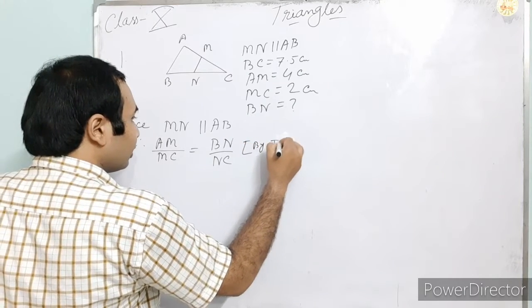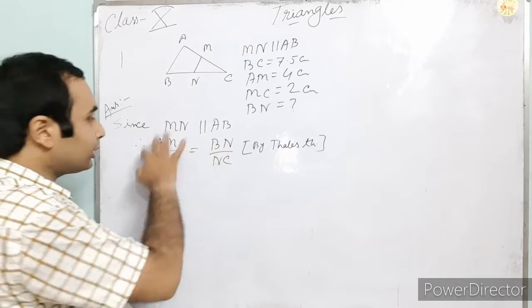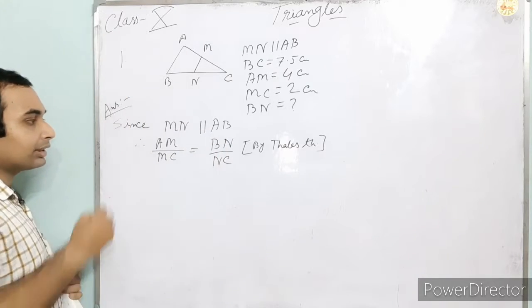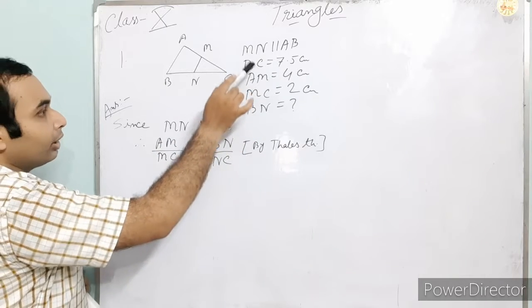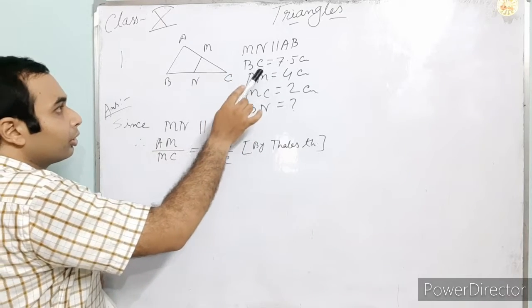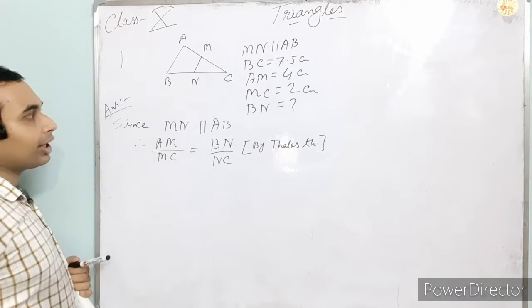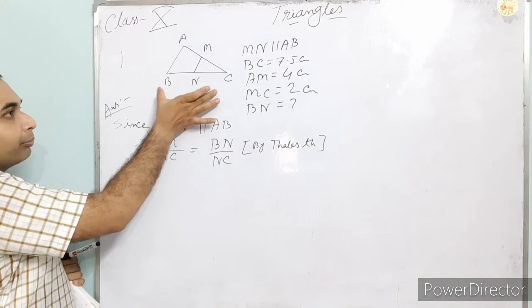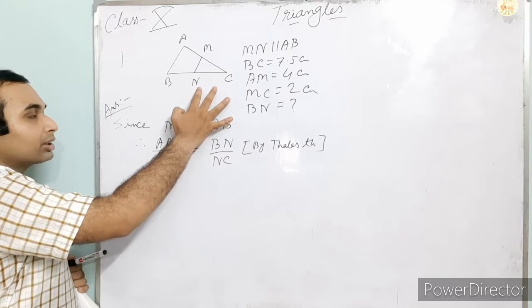By the Thales theorem, you put the values of each and every line here. We know AM and MC, but BN we don't know. But BC is there, and NC is there. BC is given, the total is given, but this part is not given.